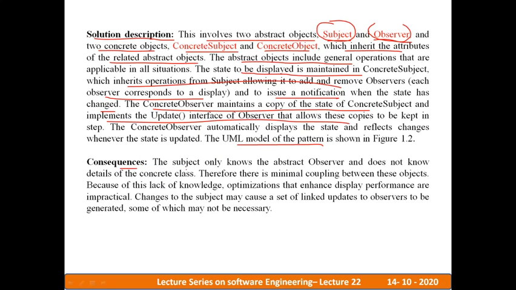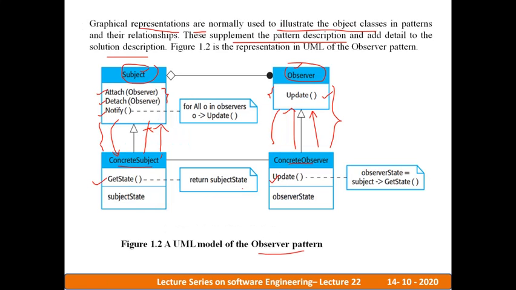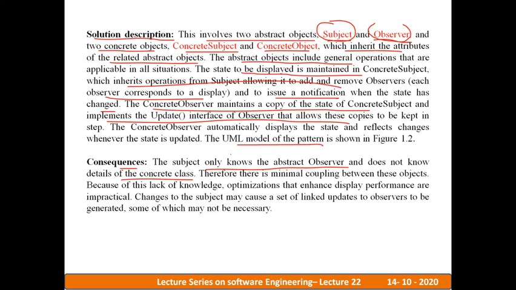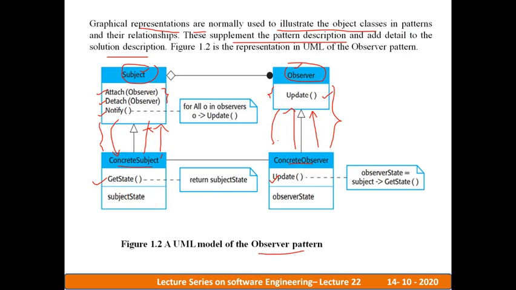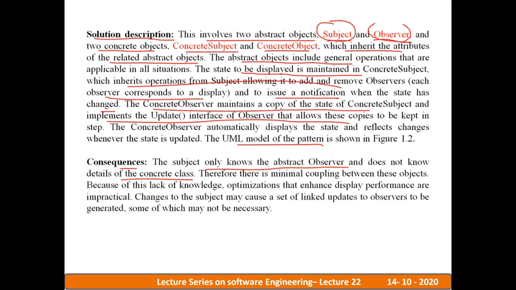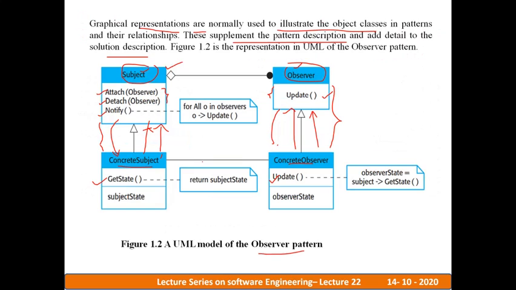So the consequences: the subject only knows the abstract observer and does not know the details of the concrete class. Therefore, there is minimal coupling between these objects.